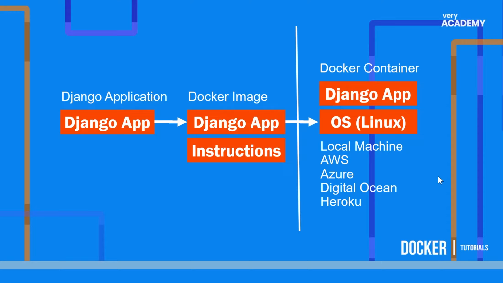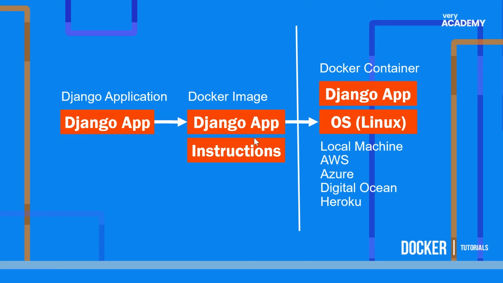So another benefit we could identify here is that this image that we build, it can be easily installed on a server, for example, AWS, Azure, DigitalOcean, or Heroku. So we know that when we install it on any of these services, our image has all the instructions again, and services and packages, etc., and setup configuration that's needed to run our application.